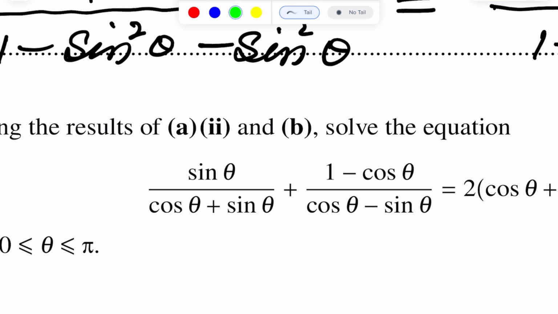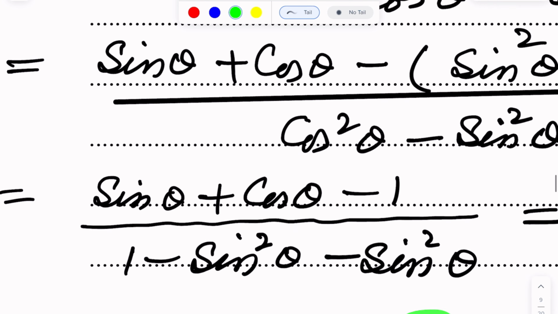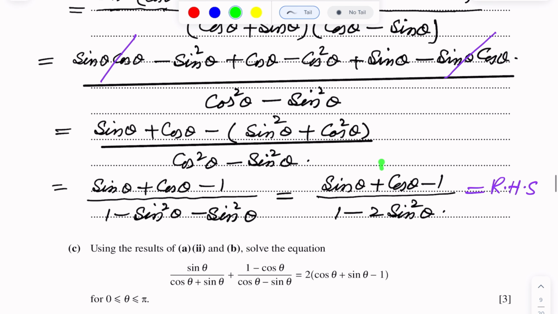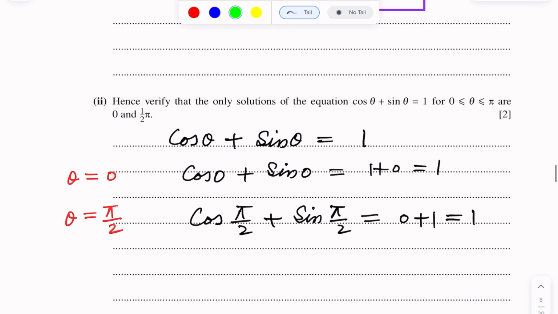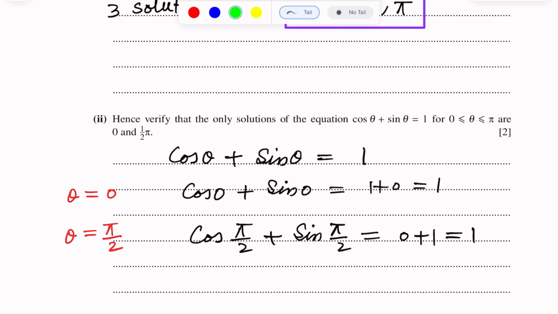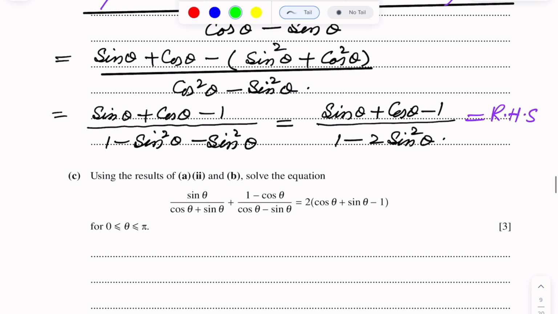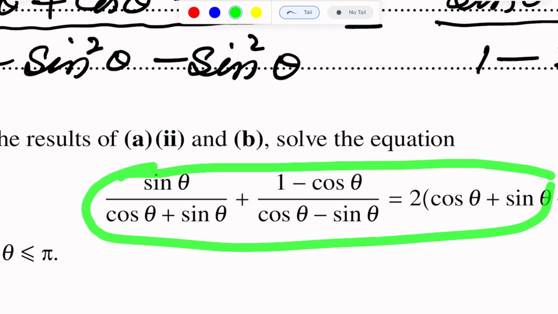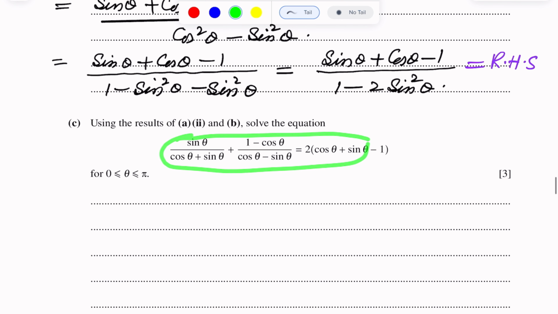We will use the above parts, part A sub part 2 and part B. Part B is this, just proved, and part A sub part second gives these two solutions. We will use these two parts to solve this equation in the interval 0 to pi.